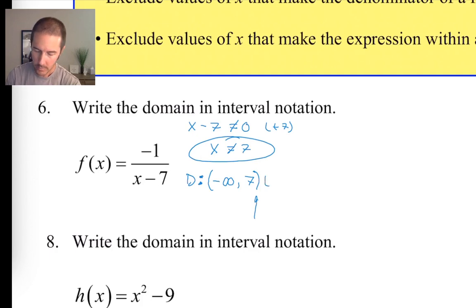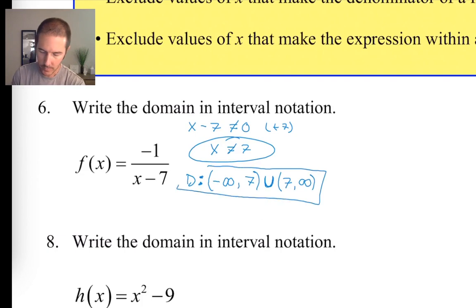Or, and this is the union symbol, we could choose values starting at positive 7, but again excluding the value of 7 with our open bracket, and I could keep shading my number line all the way up to positive infinity. And remember that positive and negative infinity both take open brackets, always. So this is the answer that we're looking for.